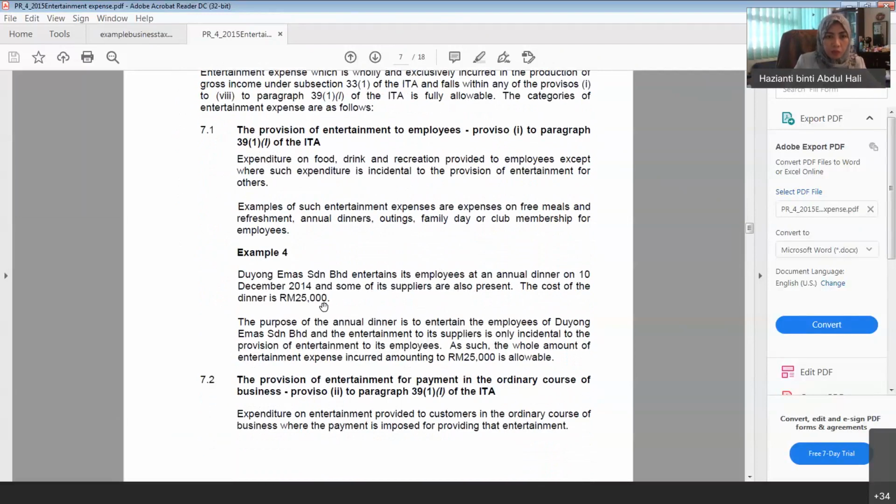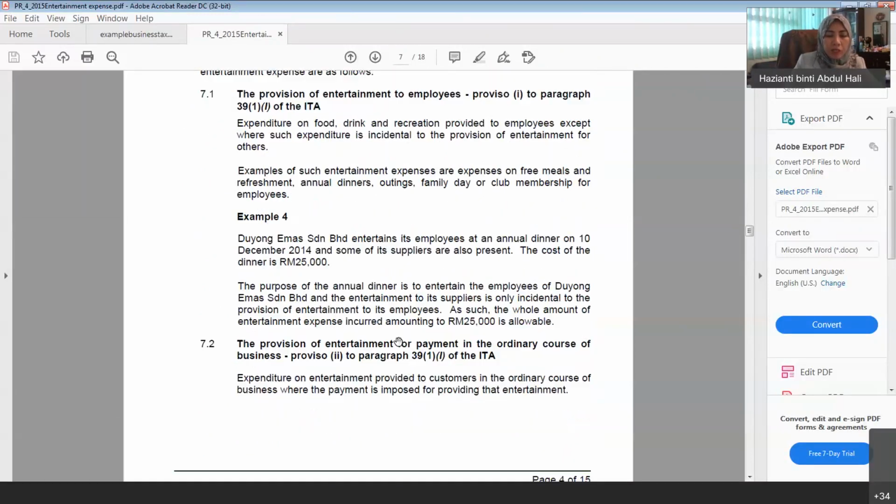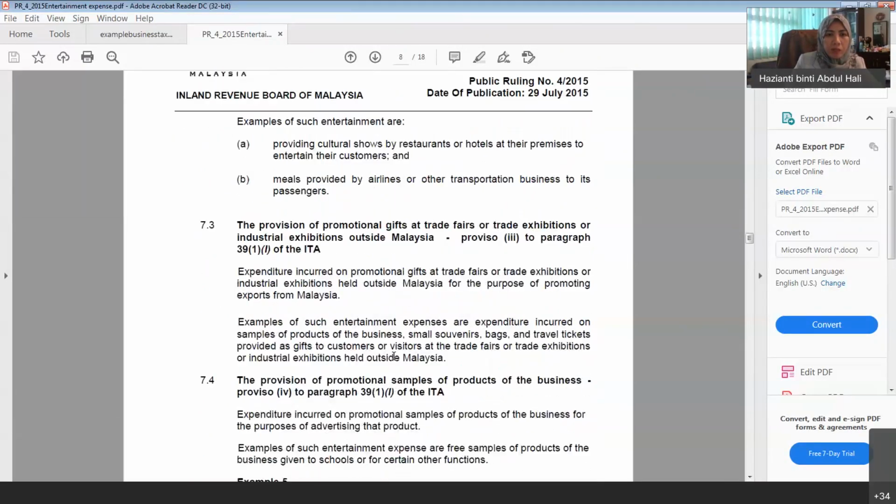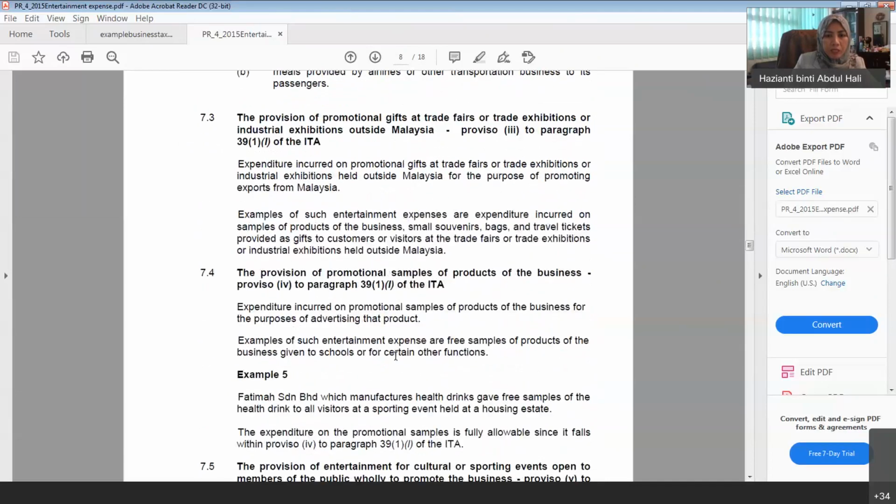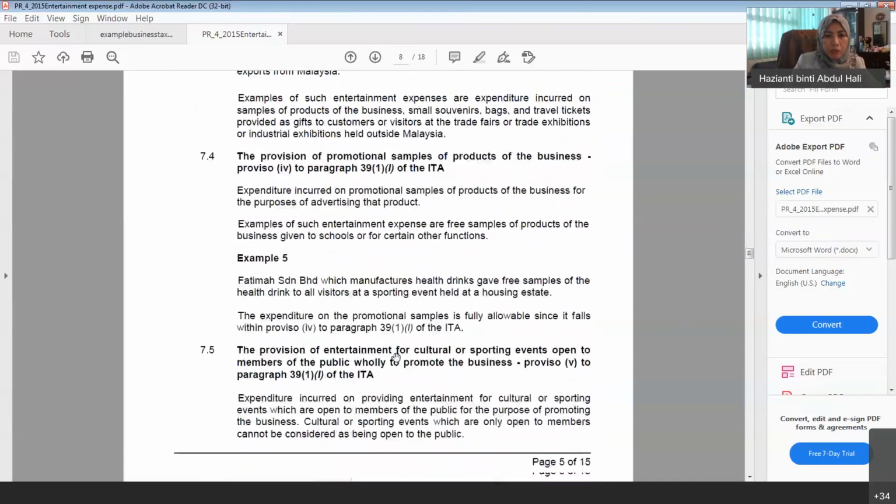So the cost of dinner is 25,000. So the purpose is to entertain the employees, which is deductible lah. Tapi in this case ada juga supplier. Baik, kita kata di sini incidental to the provision of entertainment of his employee. So the whole amount is allowable. That's why you have to read lah, dalam ni dia mention which one yang boleh allowed to be deducted ataupun tak boleh.